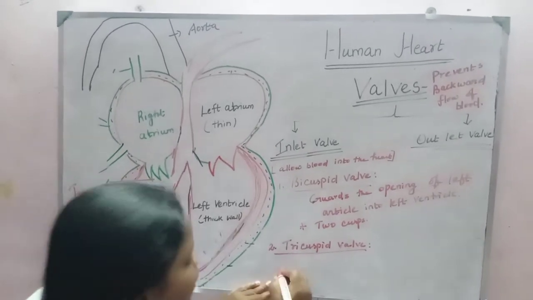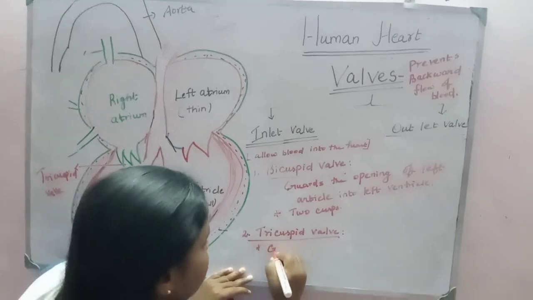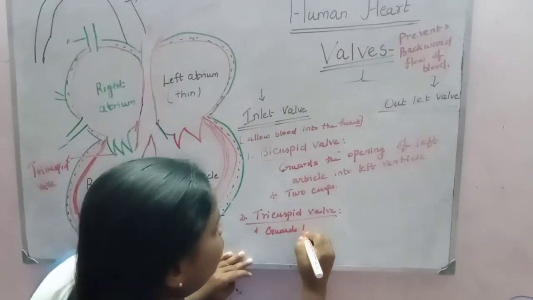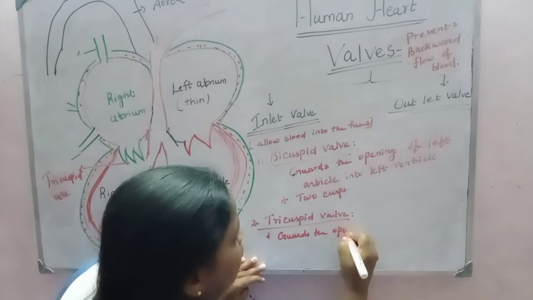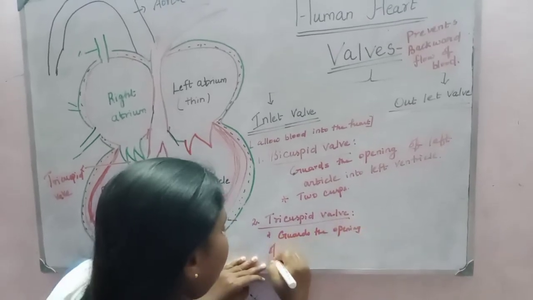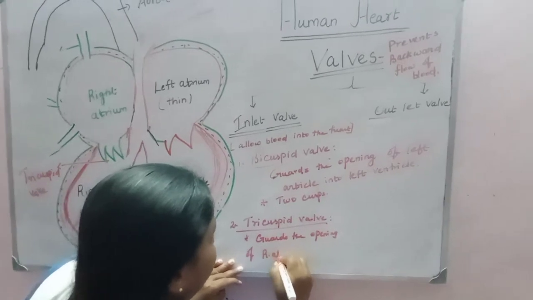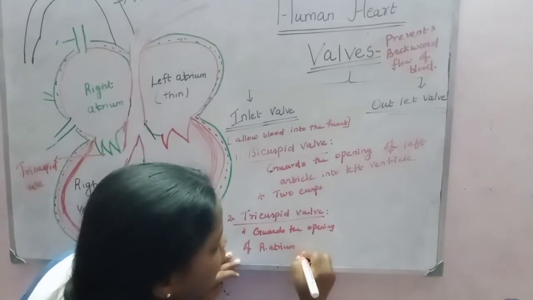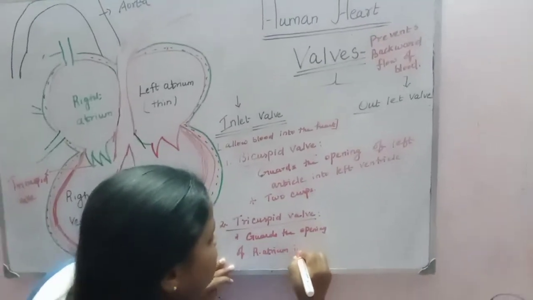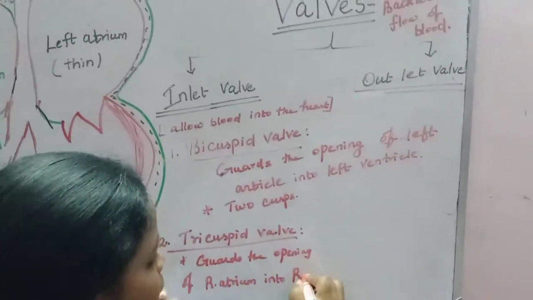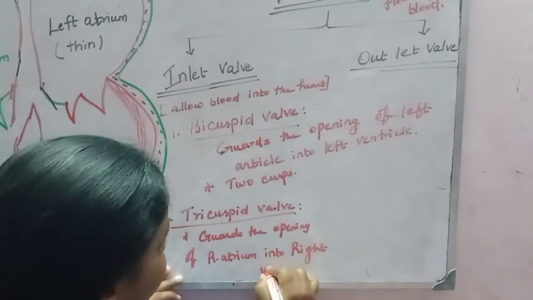So, where is it present, it guards the opening of right atrium, atrium means auricle, into right ventricle.